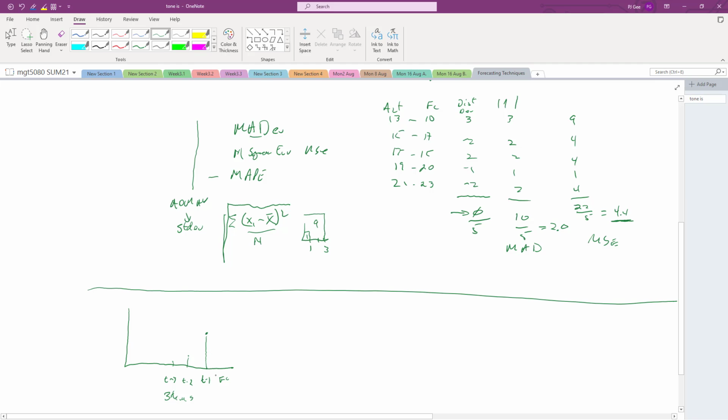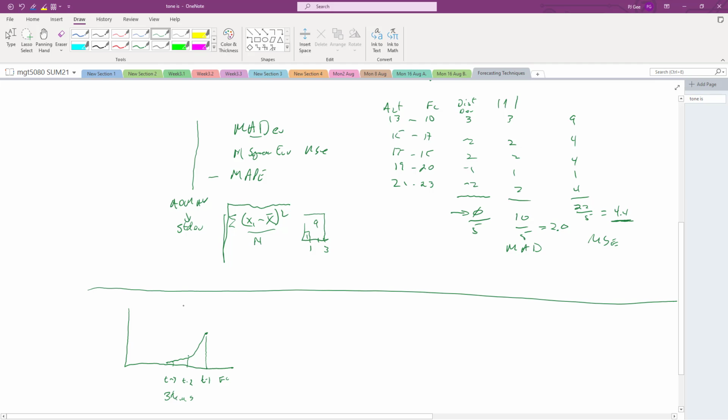We're emphasizing the most recent period, diminishing it quite significantly for 2 periods ago, and quite diminished for 3 periods ago. And that's what our forecast would be, right?